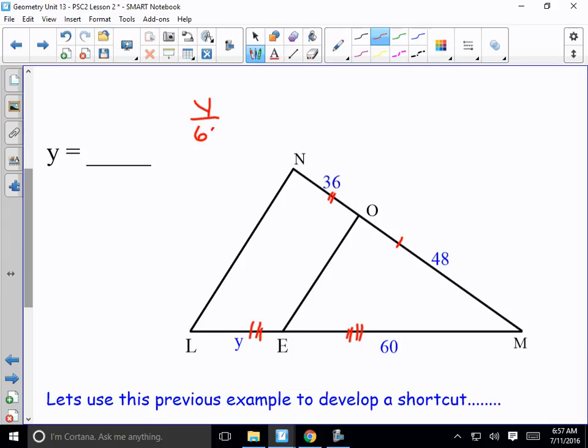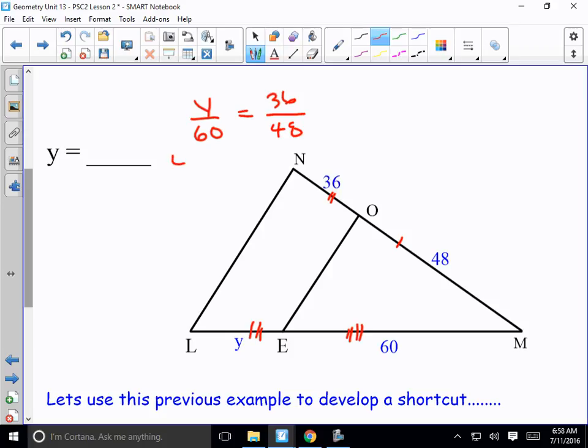So y over 60, staying on that one side, bottom or left, over the right. And then we're going to move to the other side and set up the same proportion. And we want to make sure that left is on top, right is on bottom. Okay, it's really important just making sure that you're setting up your proportions properly, making sure that the corresponding pieces are in the same part of the fraction.